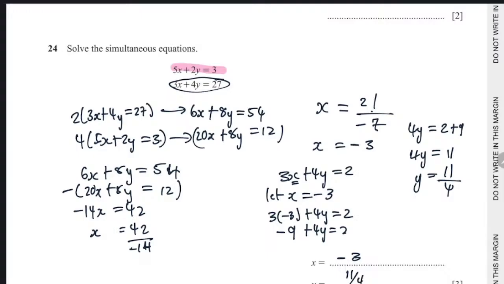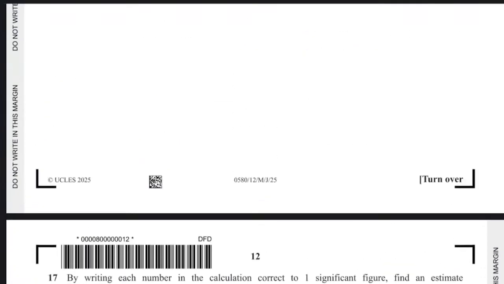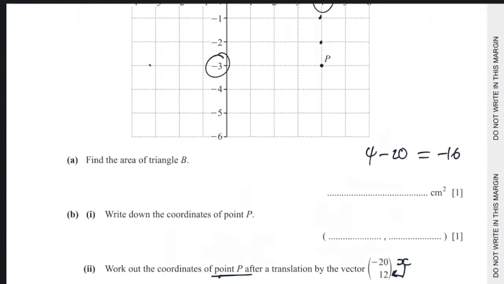Can you see that? Are you sure? This is easy, right? Maybe I made a mistake somewhere. I don't know.